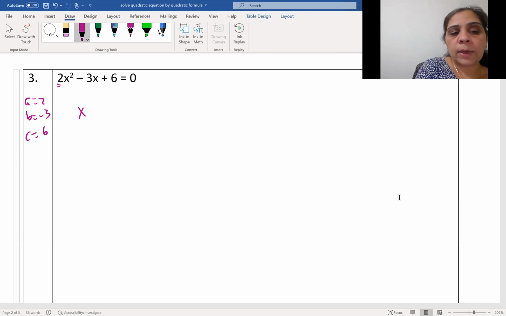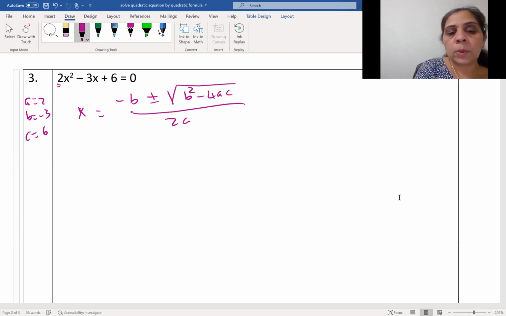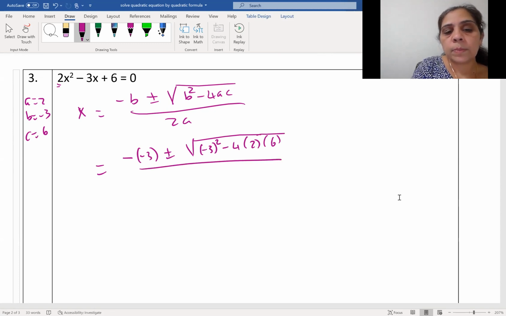We have the variable x, so we say x equals negative b plus or minus the square root of b squared minus 4ac, over 2a. Negative b is negative 3, plus or minus negative 3 squared, minus 4 times A, which is 2, times C, which is 6, over 2 times 2.